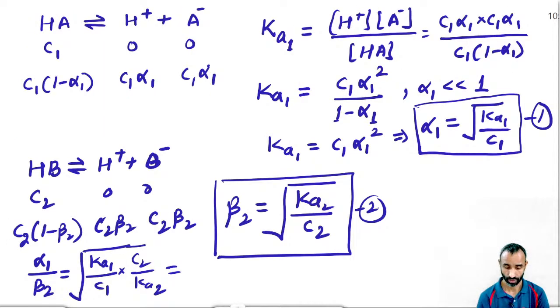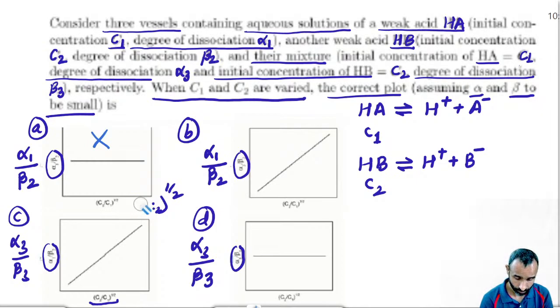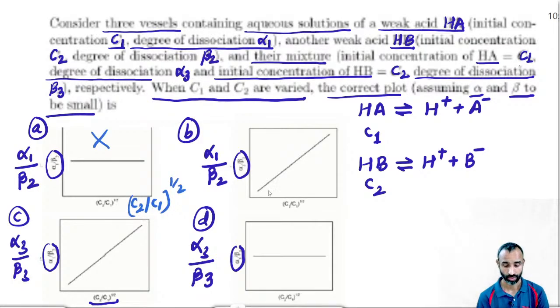So that means which graph is correct? So this is wrong. It should be C2 by C1 raised to power 1 by 2. So obviously this is the right graph. So for alpha 1 by beta 2 versus C2 by C1 raised to power 1 by 2, this is the correct graph. Now let us talk about alpha 3 and beta 3.